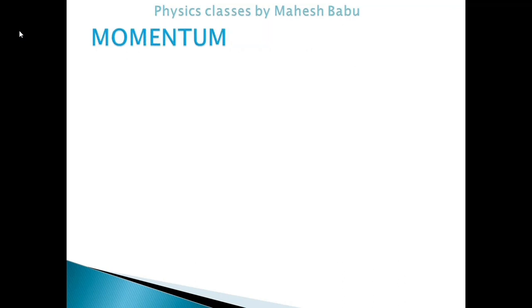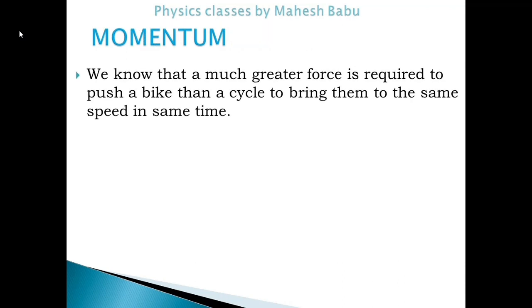Next, momentum. Now, if we have a bike and a cycle, we need to apply more force to move the bike. For example, if the bike and cycle are both at rest, to bring them to the same speed in the same time, the cycle will come up to speed fast. The bike won't, because it is heavier.